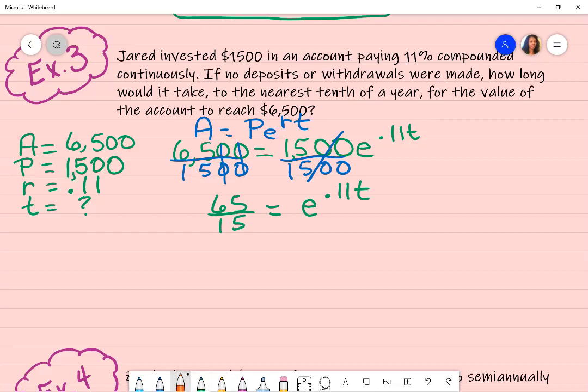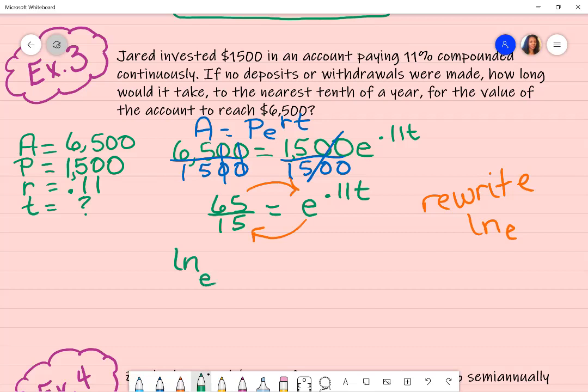This is where a lot of people get stuck. You have to recall, we're talking logs and natural logs. So you're going to rewrite this one, but this time, since there's an e, you're going to rewrite it as a natural log. So I'm going to write it in the opposite direction. So hopefully that won't confuse anyone. So I'm going to take my natural log. You really don't have to write the base e.